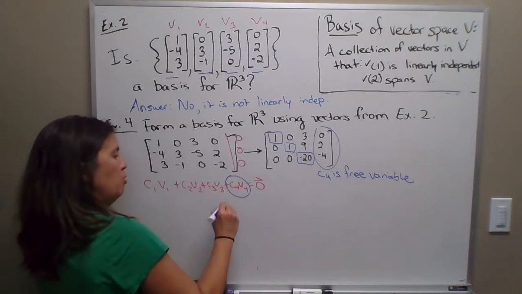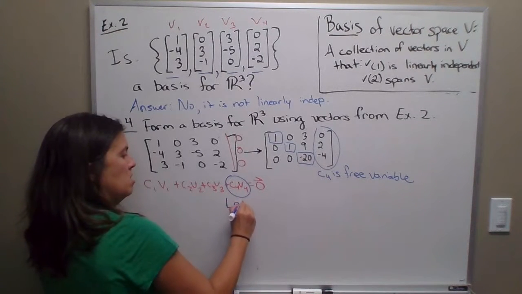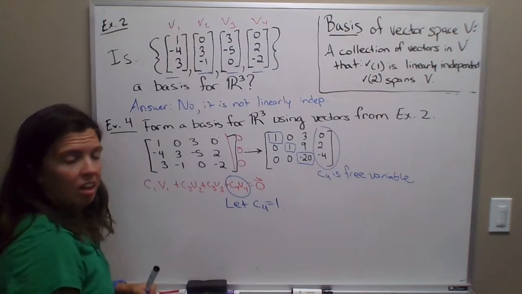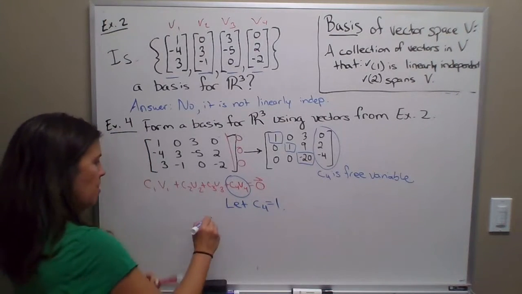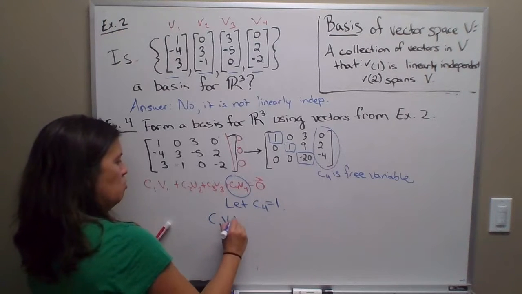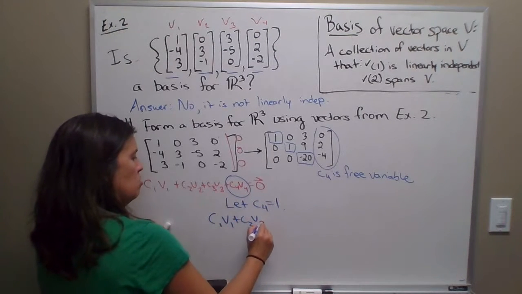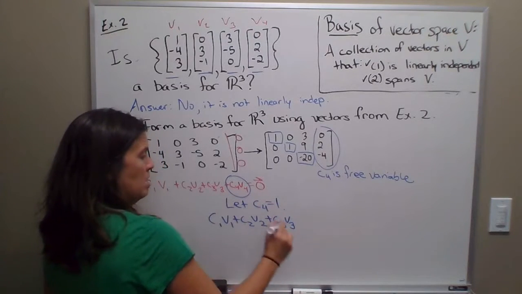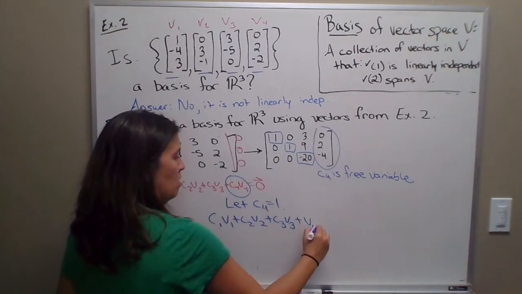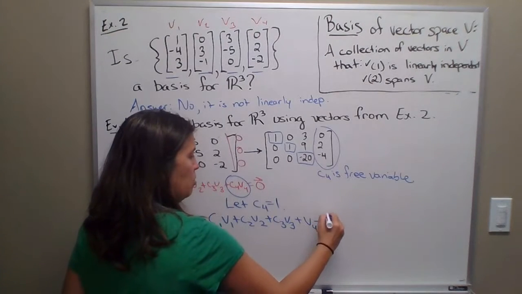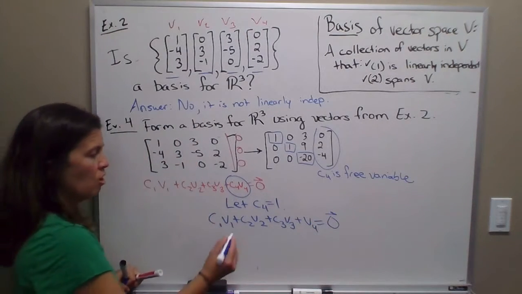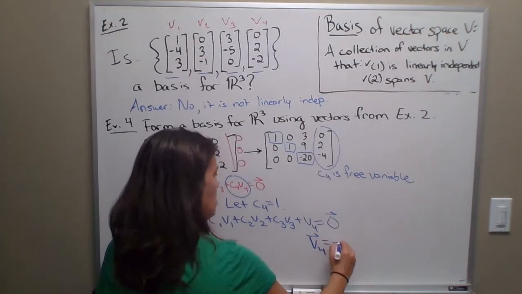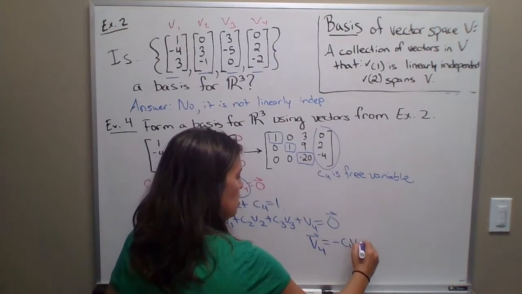So suppose we decide to let c4 equal 1, let's say. Then you'll have c1 times vector 1 plus c2 times vector 2, plus c3 times vector 3, plus 1 times vector 4 is equal to the 0 vector. Well, then you could solve that equation for vector 4. So vector 4 is equal to negative c1 vector 1.